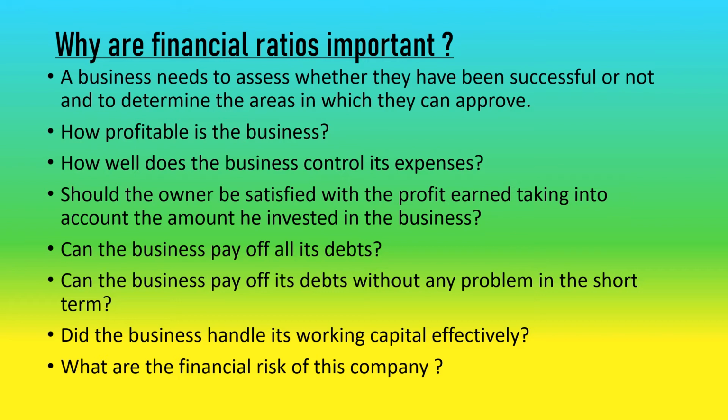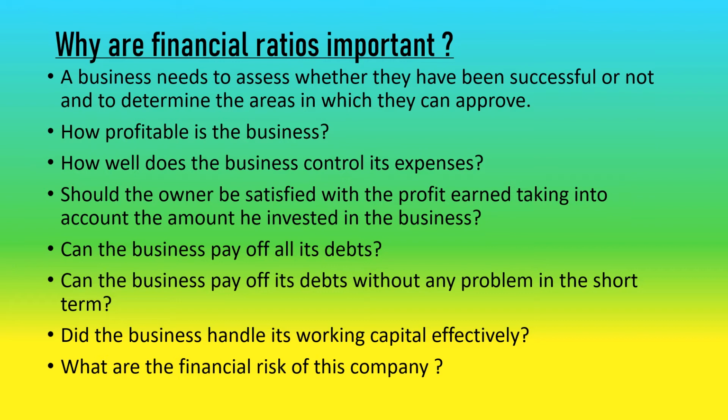Now, once again, different users of the financial statements require different types of ratios. A bank would look at your liquidity, shareholders would look at your profitability. So there are a lot of questions that can be answered through ratios. Ratios are very important and also very practical. In the real world, ratios are used all the time to prove if businesses are doing well or not.